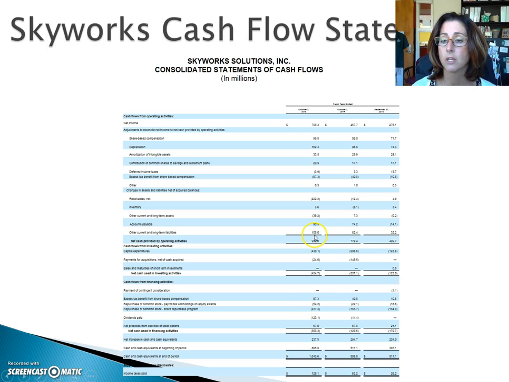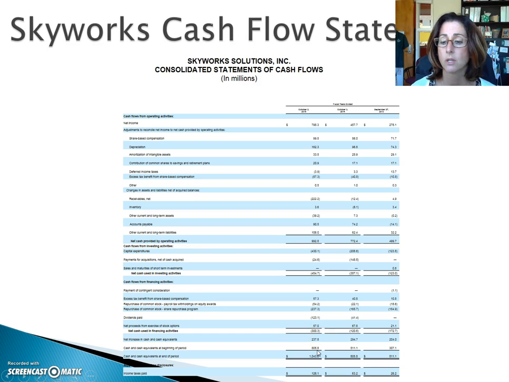And then the sum of all those, the almost $1 billion provided by operations, less roughly $500 million from investing, less $300 million from financing, leaves us with a net increase of $237 million.